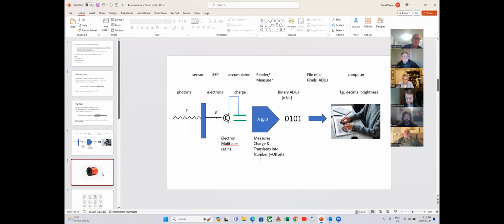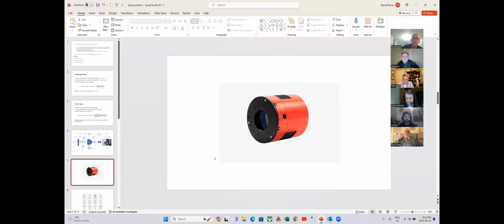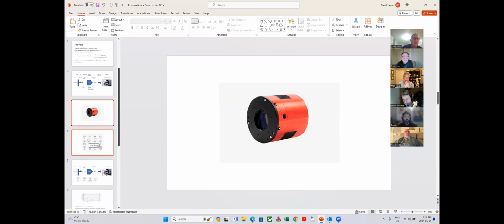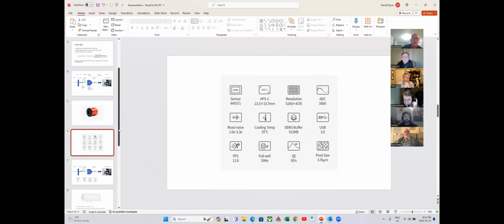So I'm going to talk about the 2600 MM camera, the one you just got, because I picked it because Ron was in the market for it. But when you look up the specs on the camera, you get a little panel that summarizes what it is about that camera.